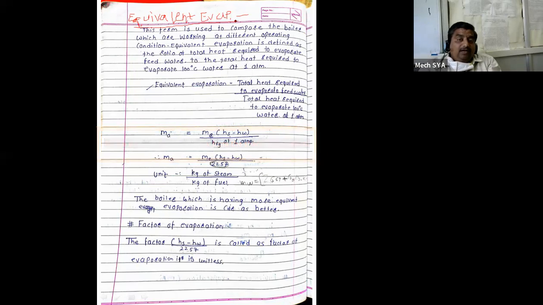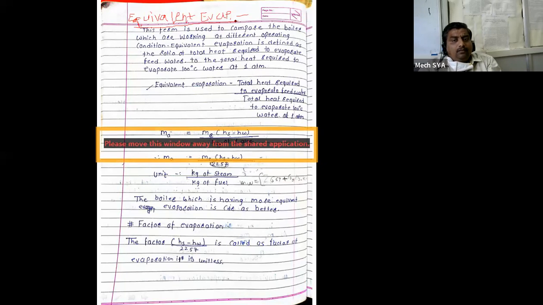So the operating conditions of boilers may differ, maybe steam pressure, quality of steam, or temperature of feed water. To compare them, this equivalent evaporation term is used.